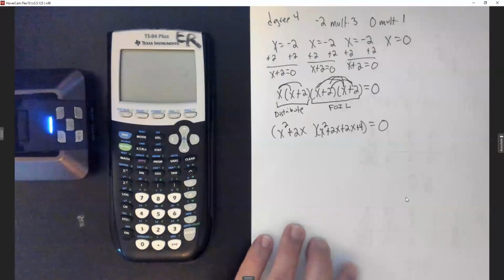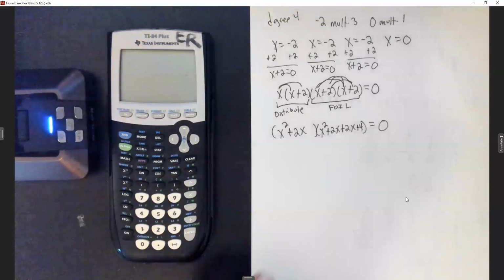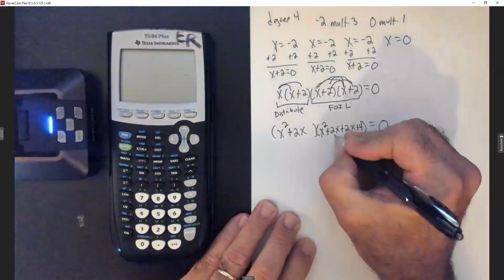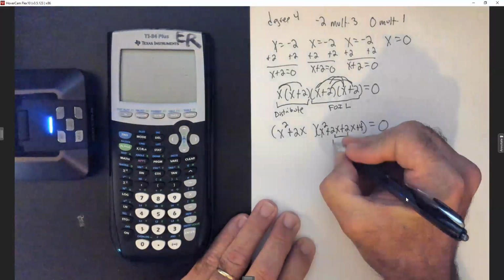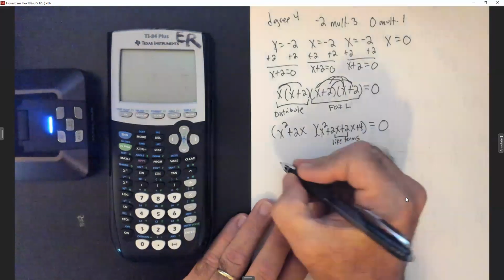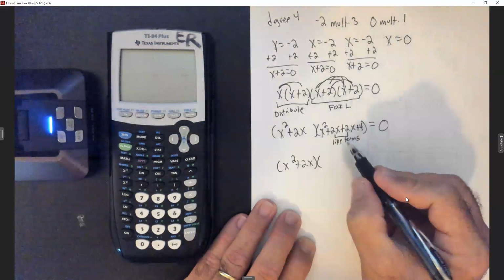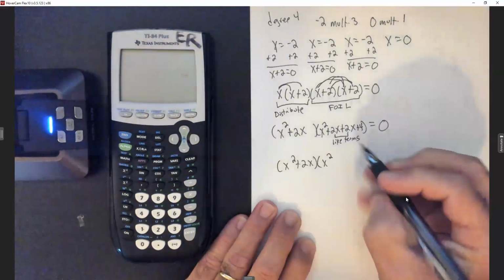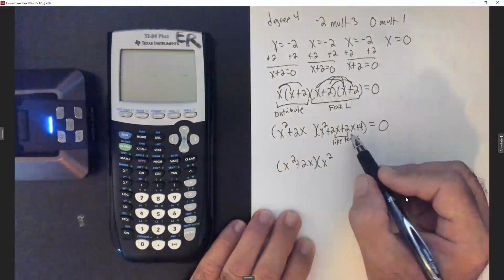Now, if you wanted to, you could FOIL this stuff at this point, but I'm going to make mine a little bit smaller by adding like terms real quick. So let me bring down the first parenthesis, x squared plus 2x. And then let's add the like terms. So the x squared comes down. 2x's plus 2x's gives you 4x's.